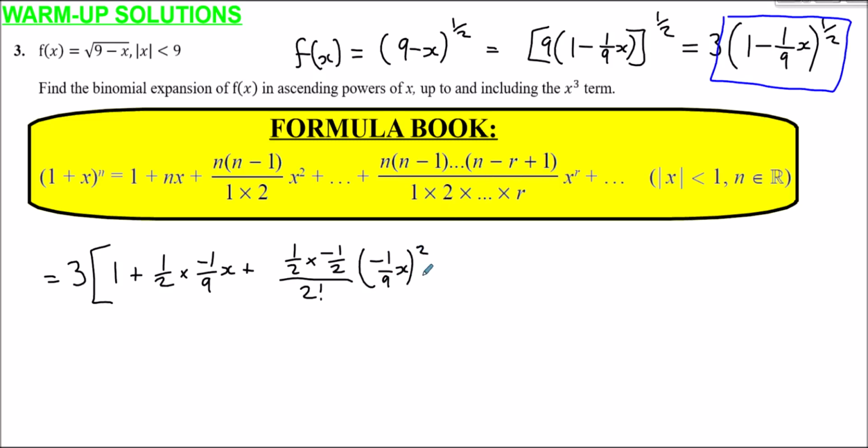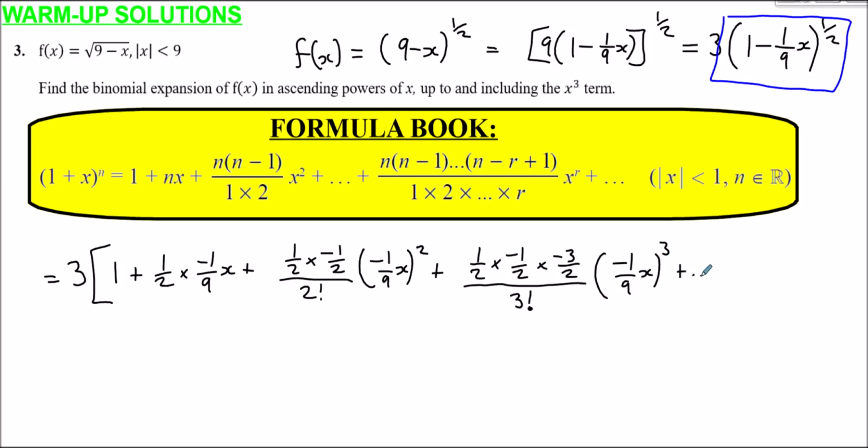And then the other one, going up to x cubed but no further: n times n minus 1, a half take away 1 is minus a half. The next one would be n minus 2, so minus half minus another 1 is minus 3 halves. All of that will be over 1 times 2 times 3, which I'm going to call 3 factorial, multiplied by this thing cubed, so minus 1/9 of an x cubed.